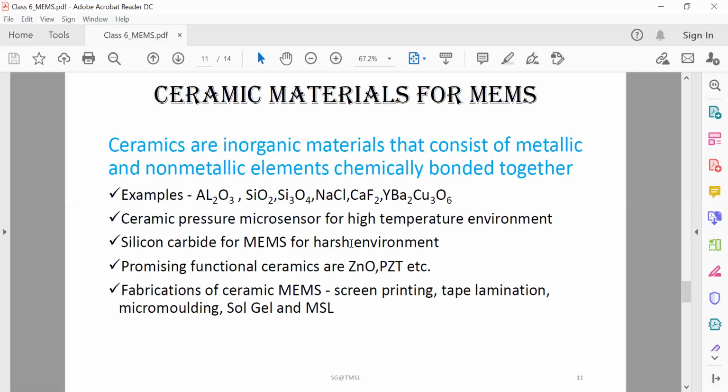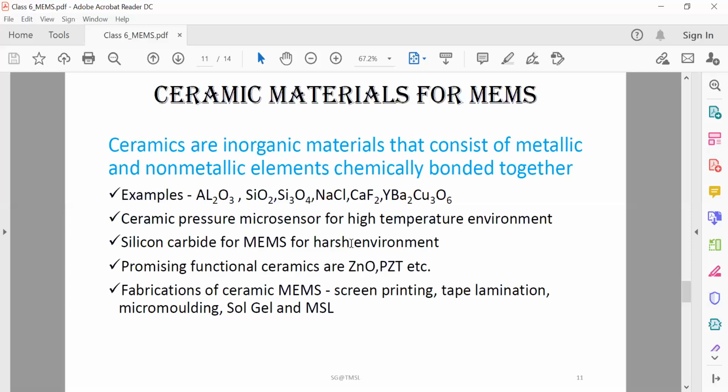Semiconductor properties are also highly dependent on temperature, so if you use piezoresistive properties at high temperature, the property will change.